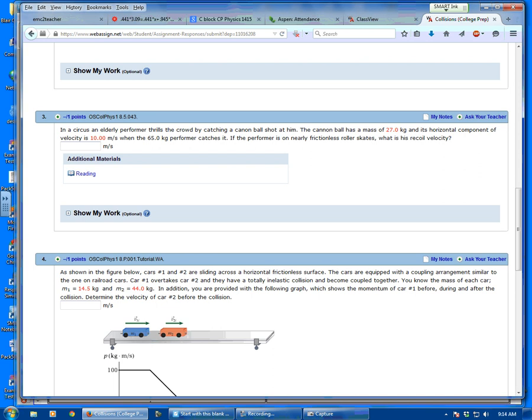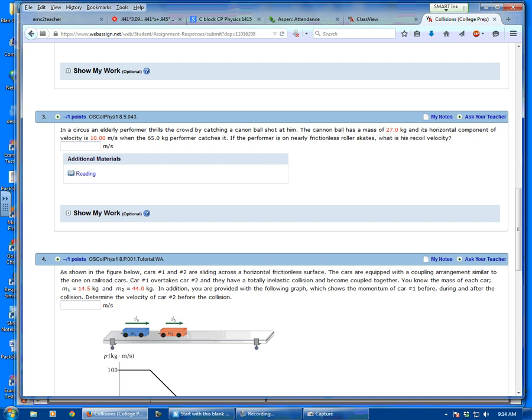Well, remember, the type of collision is based on what the objects do, not if they're hard, soft, or pretty. If it's elastic, they're going to bounce off each other, and the kinetic energy will be conserved. Semi-elastic, they're going to bounce off each other, but kinetic energy won't be conserved. And inelastic, they're going to stick together. So this one, as you point out, is inelastic because they stick together.